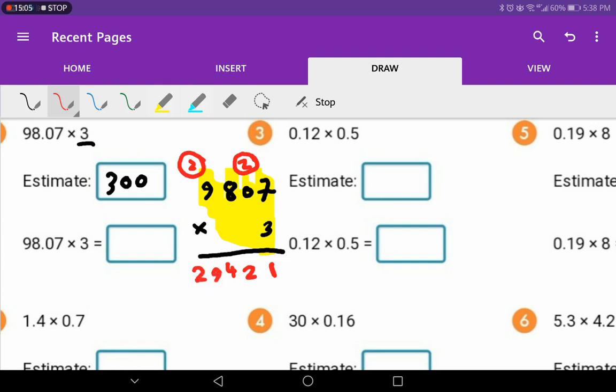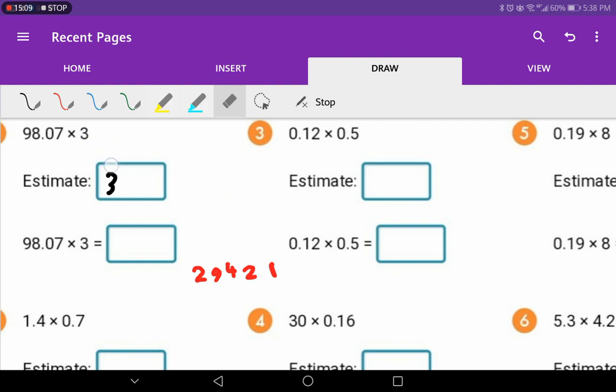Now I come back to the factors. Sorry, I keep this 300. And I ask the first factor, how many digits are in the decimal part? Teacher, I have 2 digits. And in the second factor, nothing.